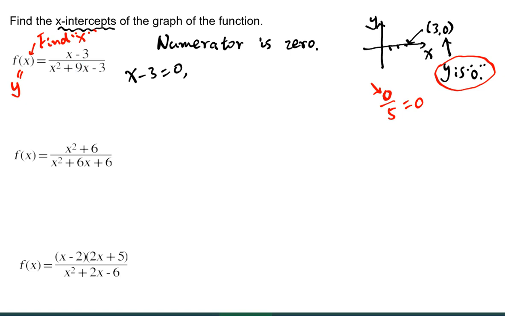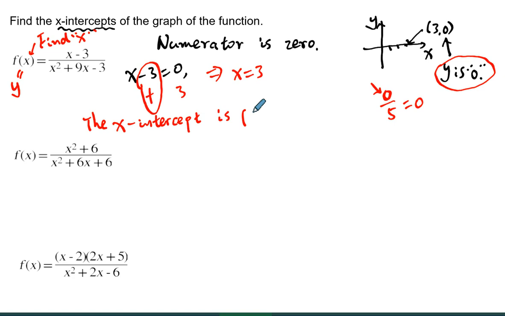And then from here, what do we get? You have plus 3 on both sides to cancel this positive negative. So you then have x equals 3. And then you know the x-intercept is 3, 0. Okay.